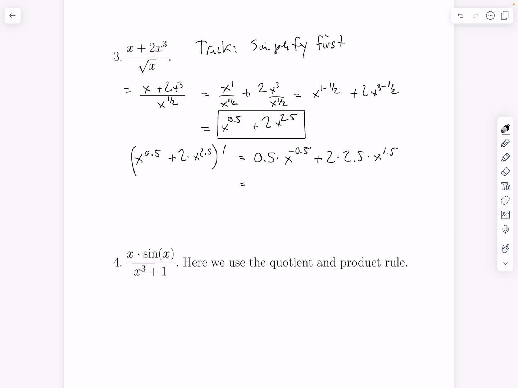And that's totally fine. Make it a little bit nicer. X to the minus 0.5 plus 5 times x to the 1.5. Okay, and that's the answer, yeah?